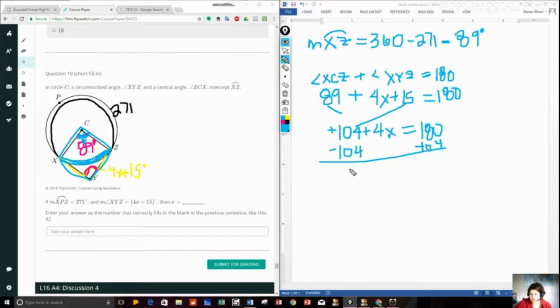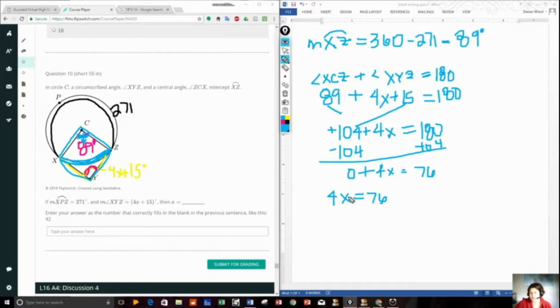So 104 minus 104 is 0, plus 4x equals 180 minus 104, which gives us 76. And then 0 plus 4x is 4x equals 76.